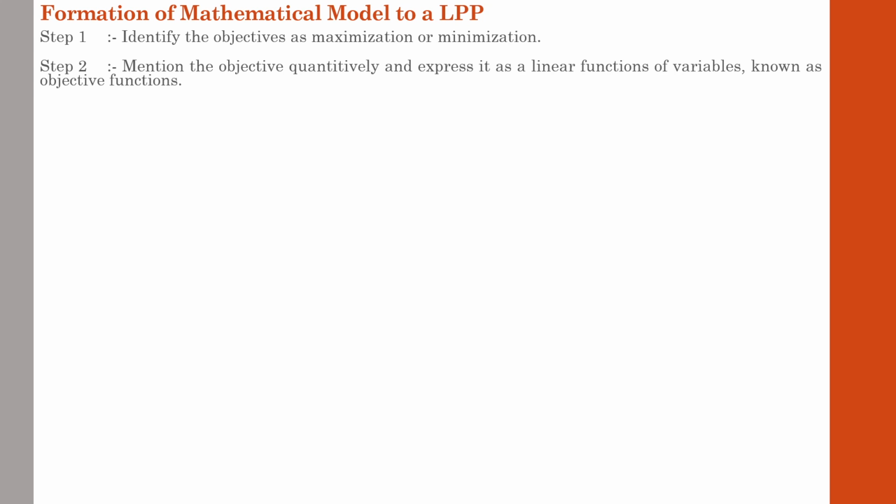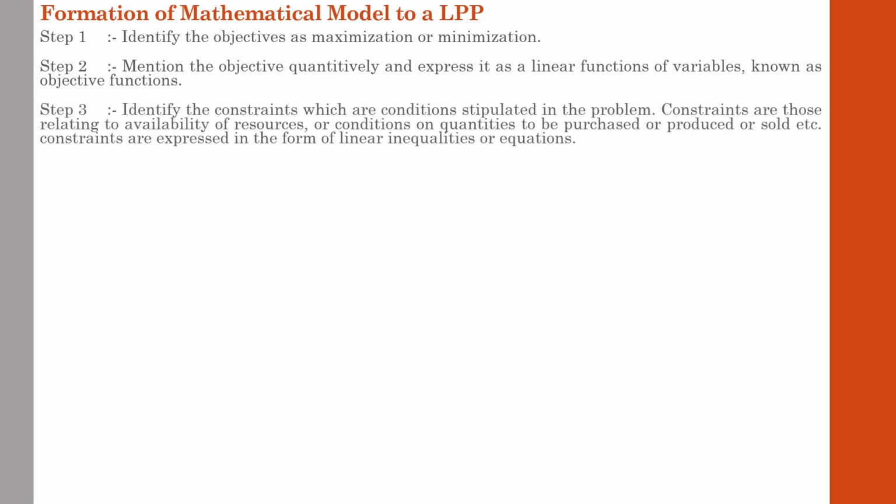Once the objective function or associated linear equation is prepared, next you need to identify the constraints. That is another important step with regard to an LPP problem. You need to identify the constraints. What are the factors that affect our decision with regard to maximization of profit or minimization of cost?